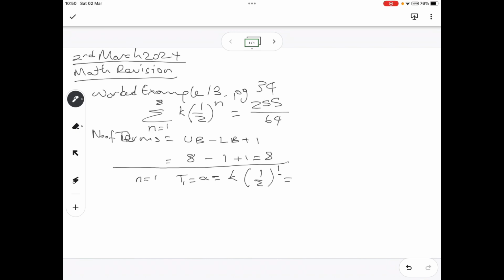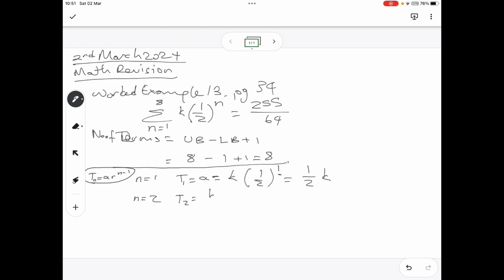If a number is raised to the power of 1, then it is itself. And then this gives us a half times k. For n equals 2, which will give us term 2. Remember our general term is Tn equals ar to the n minus 1. That's our general term.